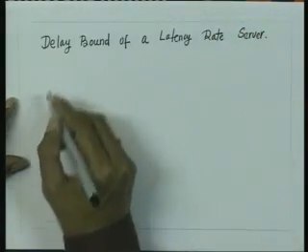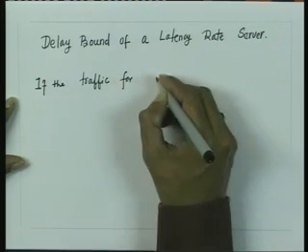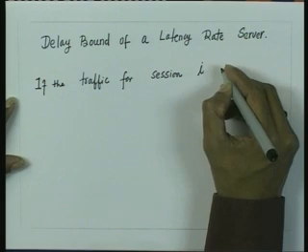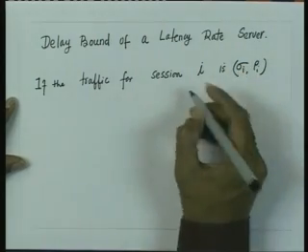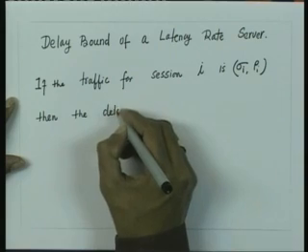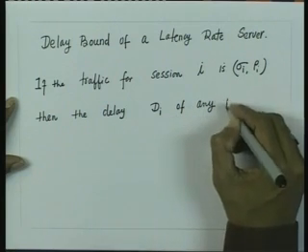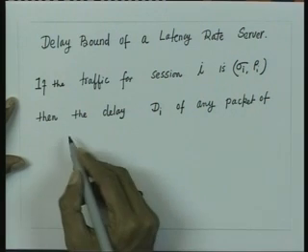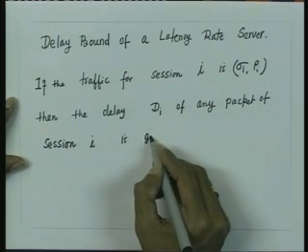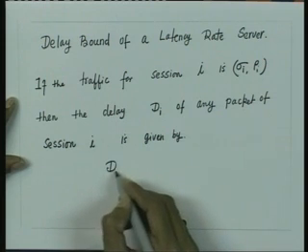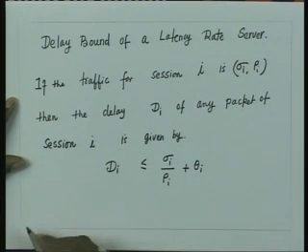We will try to prove that if the traffic in a latency rate server for session I is rho sigma regulated, that is (sigma I, rho I), then the maximum delay d_i of any packet of session I is given by d_i less than or equal to sigma I upon rho I plus the latency.